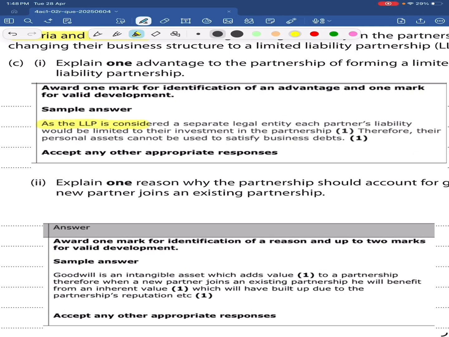As the LLP is considered as a separate legal entity, each partner's liability would be limited to their investment in the partnership. The development, therefore, their personal assets cannot be used to satisfy business debts. So you get 1 mark for the identification and a mark for the development.